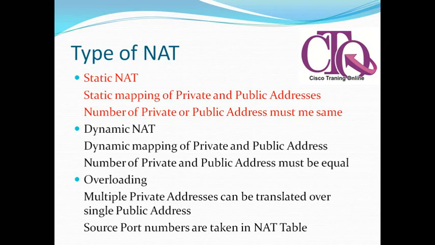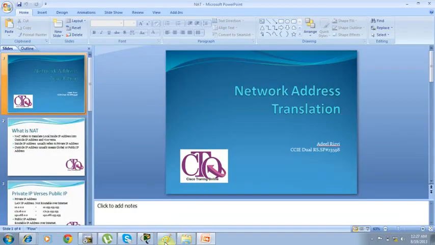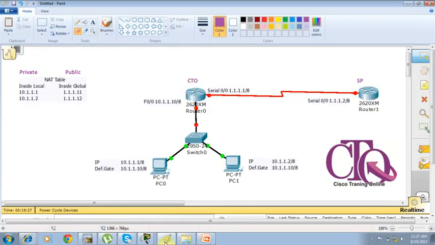And for further understanding of this concept, I demonstrate static NATing using this diagram. Here you can see in this scenario there are 2 routers, CTO and service provider.